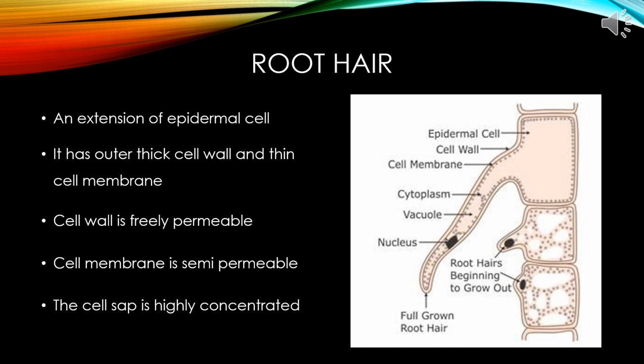So it is highly concentrated. And along with the root hair, you can see two other cells also in the epidermis. That is the root hair beginning to grow out. So there is an outgrowth. You can see one fully grown root hair and two other root hairs beginning to grow out.